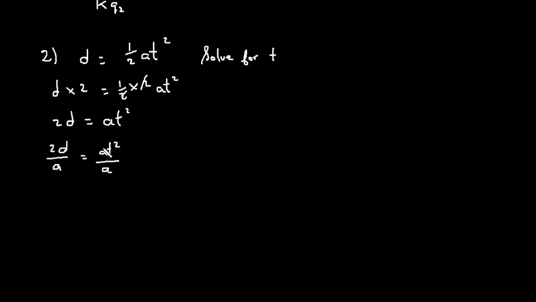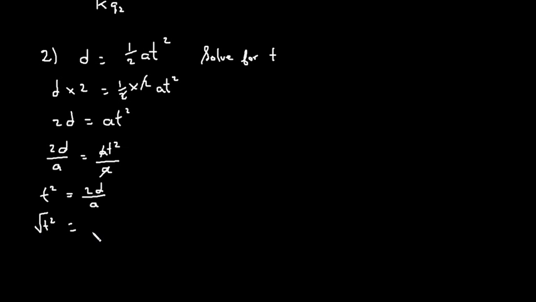If we divide by a, we have t squared remaining. t squared is equal to 2d divided by a. But we have to get rid of this square. In order for us to get rid of this square, we root it. And in another video, we will show exactly what happens when we root a square. So we root t squared.